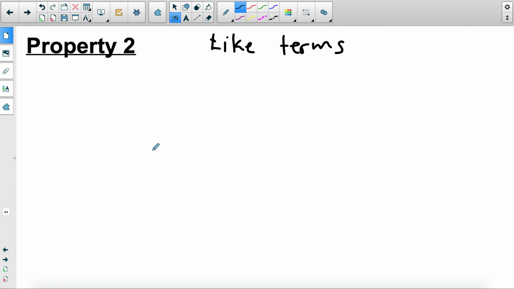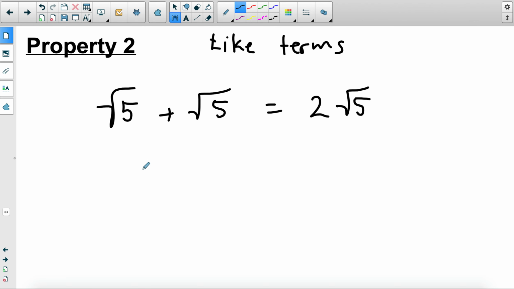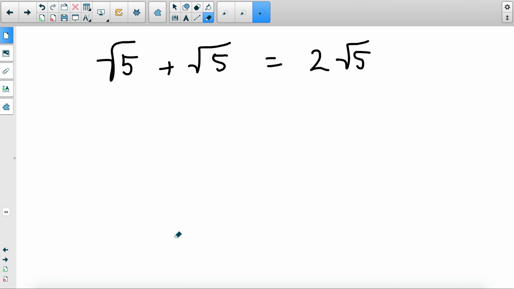So if I say square root of 5 plus square root of 5, well, that's 2 square root of 5. It's just like saying x plus x, that's 2x. So adding and subtracting surds is the same as adding and subtracting like terms. Just treat the surds like you treat algebraic terms.